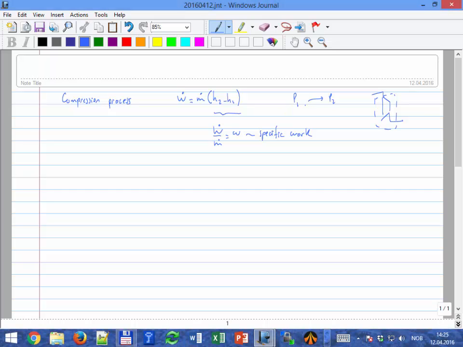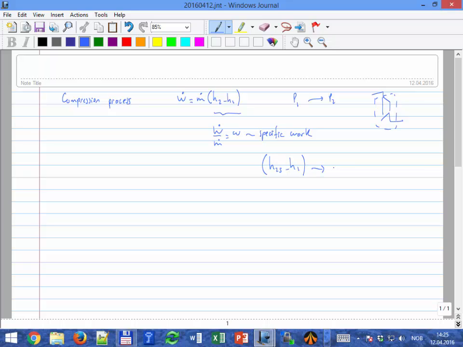So we said, okay, the smallest energy that we can use to take from P1 to P2 is the isentropic path. That's the smallest that I can get. H2S minus H1. H2S, not sulfur, okay, it's enthalpy.